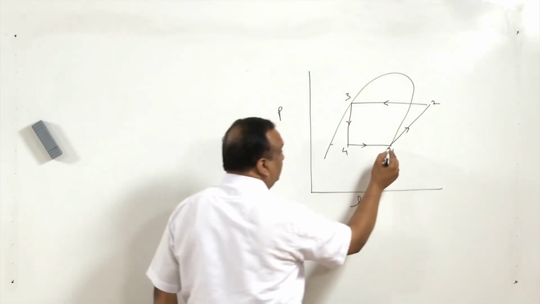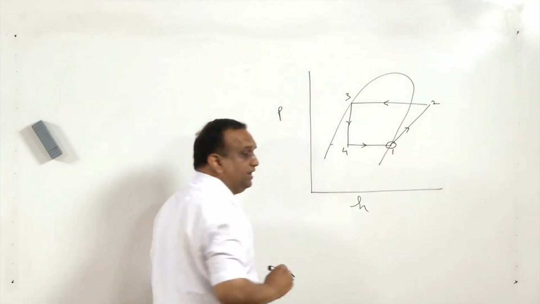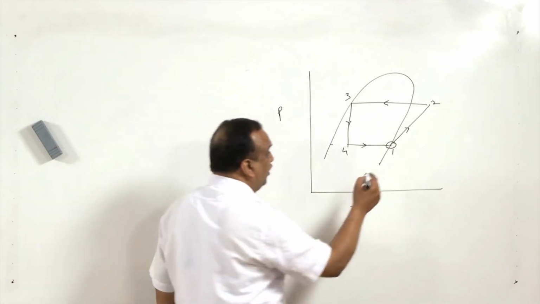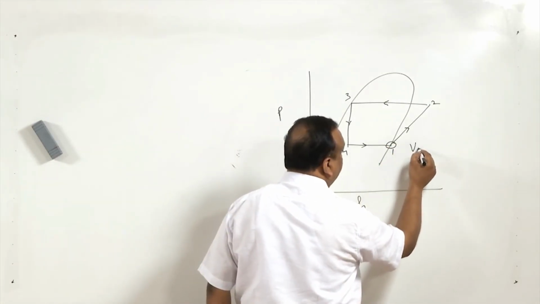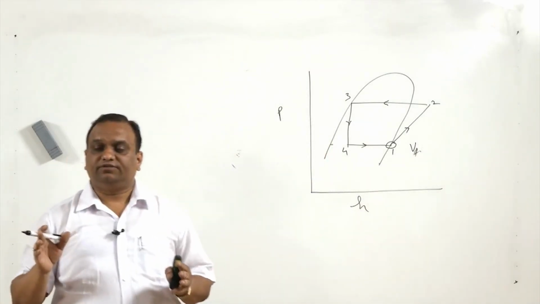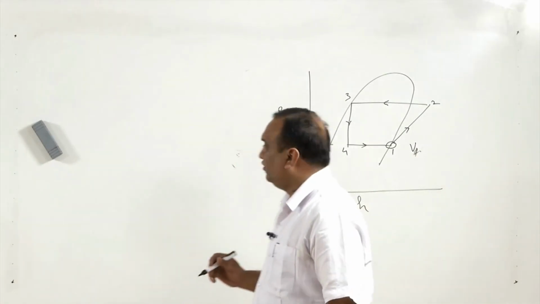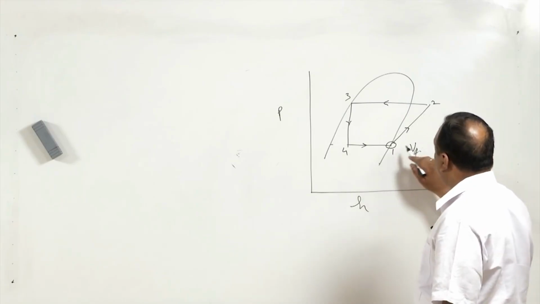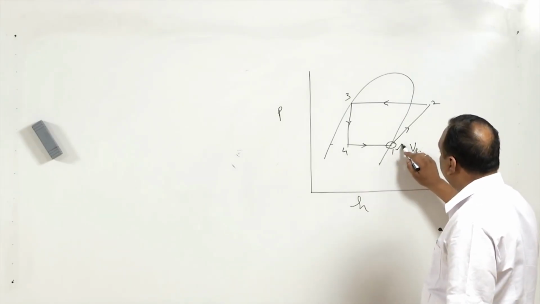Now at this point, the size of the compressor is decided by the volume of the vapor at point 1. If the capacity of the system is large, definitely the volume of the vapor, saturated vapor or superheated vapor available at state 1 will be large.